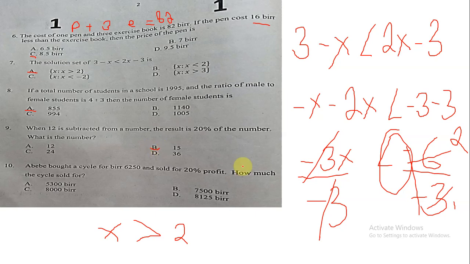Now question number 10 says a person bought a cycle for birr 6,250 and sold for 20% profit. How much is the cycle sold for? Okay, let's solve it together here.